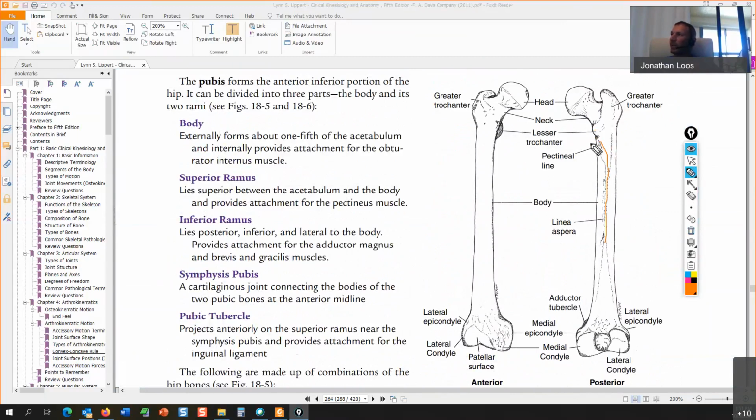So you have pectineus around the front a little bit, and then adductor brevis, adductor longus, and adductor magnus. And right next to them are the vastus medialis and vastus lateralis, coming around to the front of the muscle. So you have a lot of stuff attaching here.